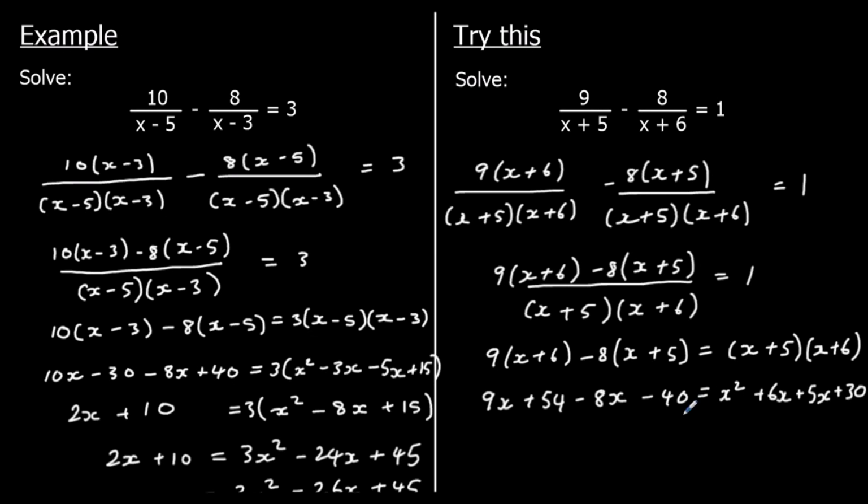Collecting the like terms. On the left side, I've got 9x take away 8x, which is just 1x, just x. And 54 take away 40 is 14. And on the right, I've got x squared. I've got 6x plus 5x, which is 11x plus 30.